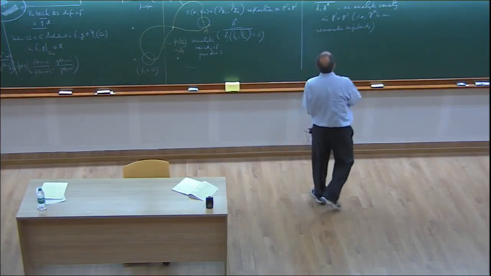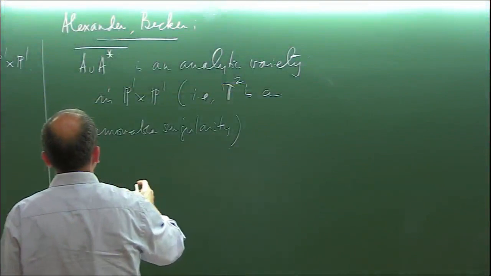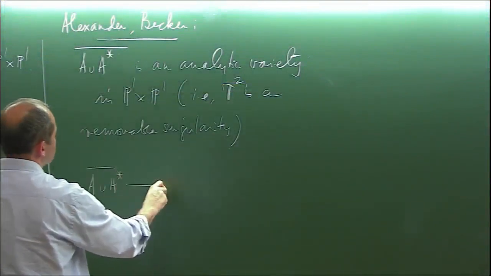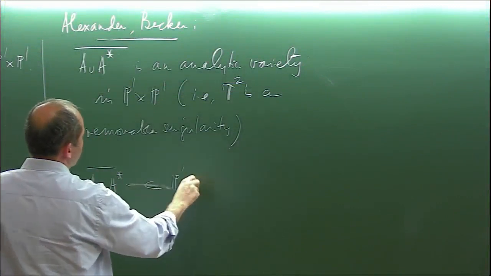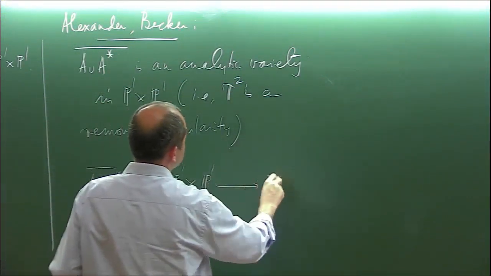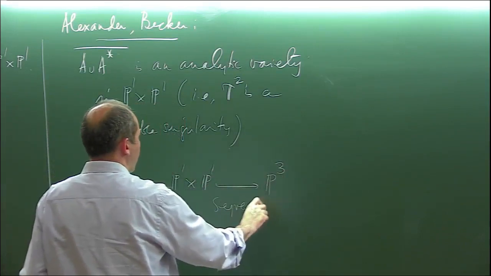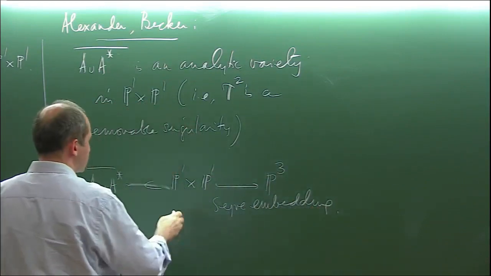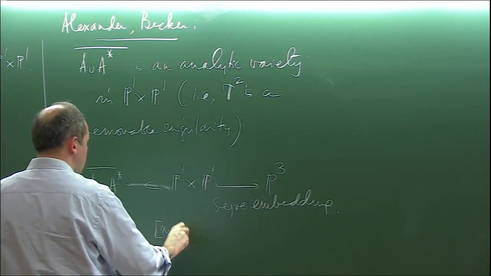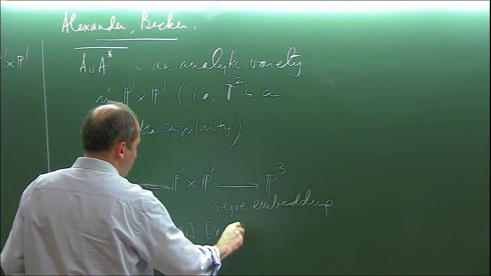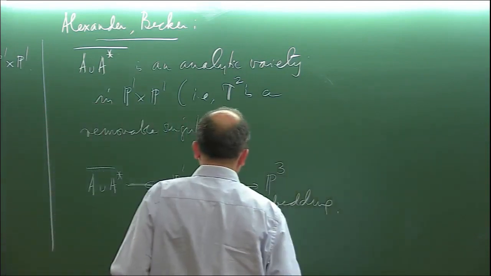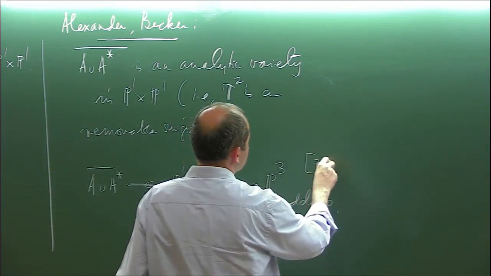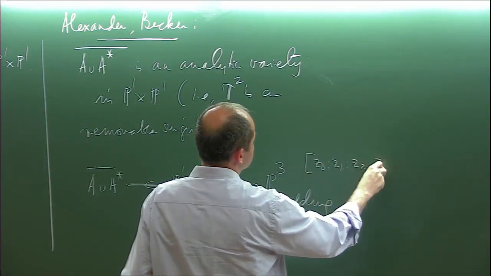Yeah. Okay, so let's take this discussion forward. So now I have the closure of A union A star sitting inside P1 cross P1. But then the nice thing about P1 cross P1 is that it actually embeds in P3 by the Segre embedding. So let's describe what this is. Let's suppose that the coordinates in these two factors are x and y, and the coordinates here are z0, z1, z2, z3.